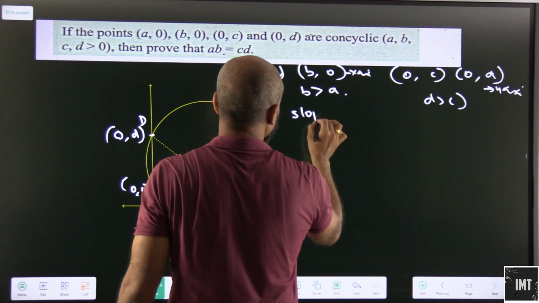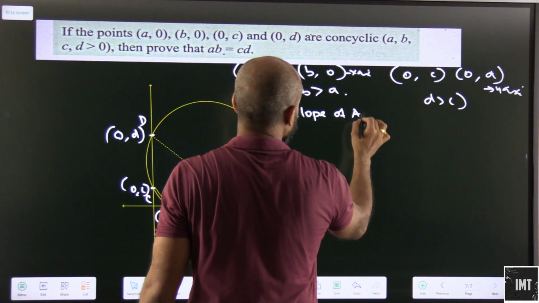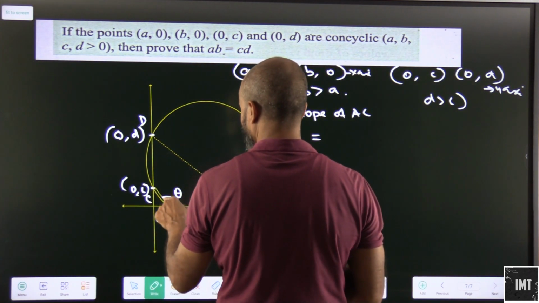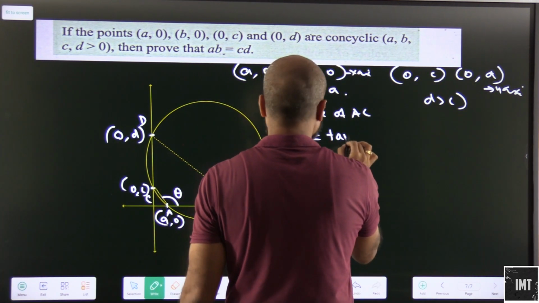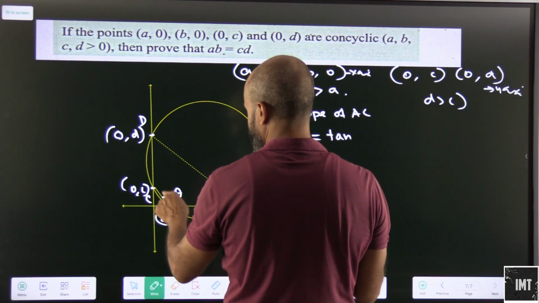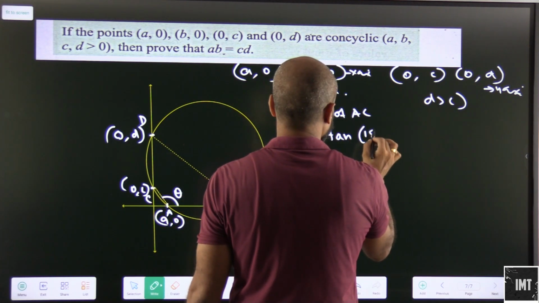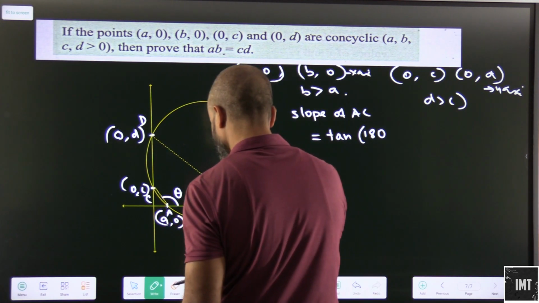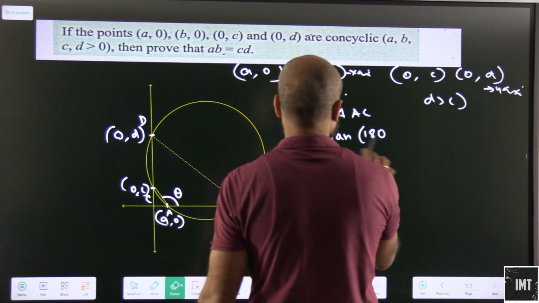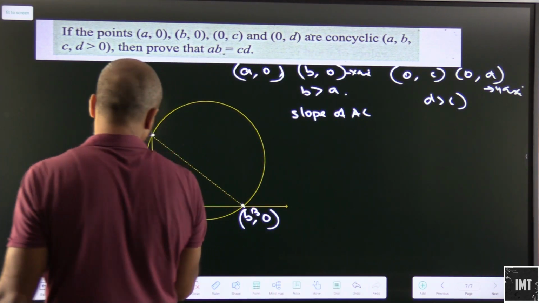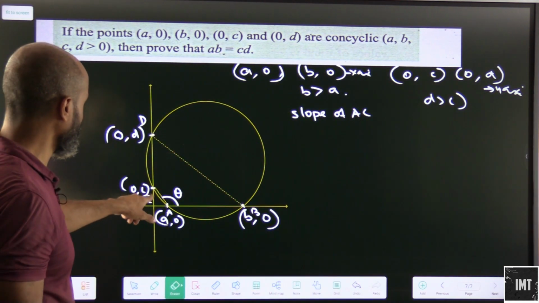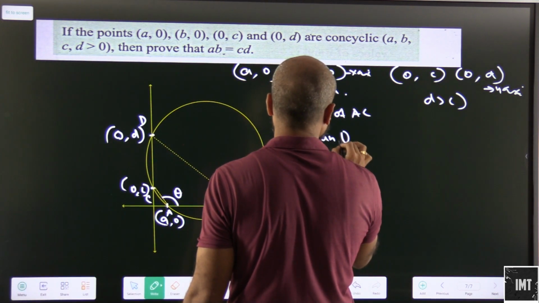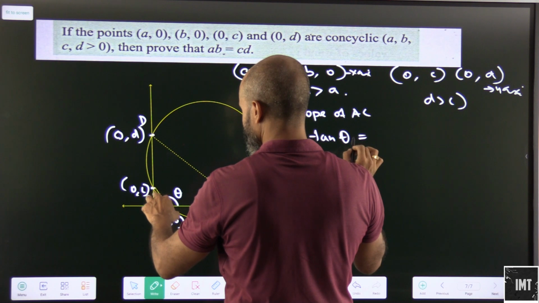So the slope of AC, what will be the slope of AC? This will be basically equal to what? Tan of, this is the positive direction of the x-axis, tan of this angle. So sorry, tan of theta, or we can say that this is basically theta, right? Theta will be here, it's an obtuse angle, so tan theta will be equal to how much?